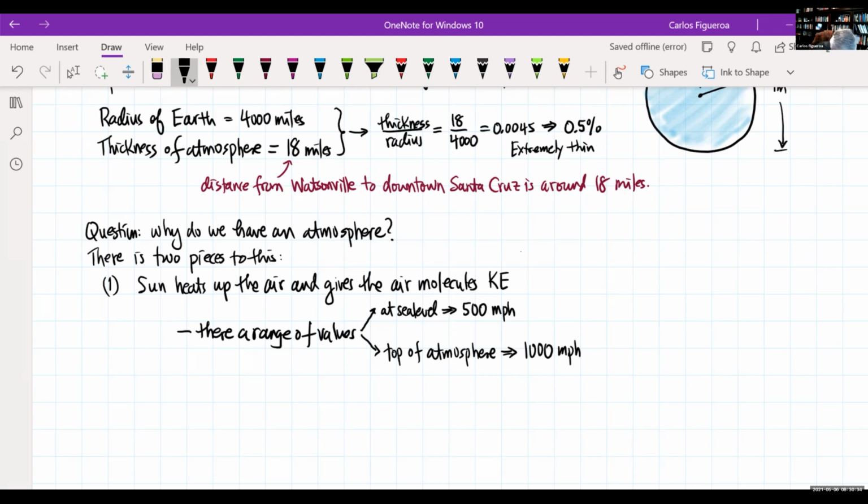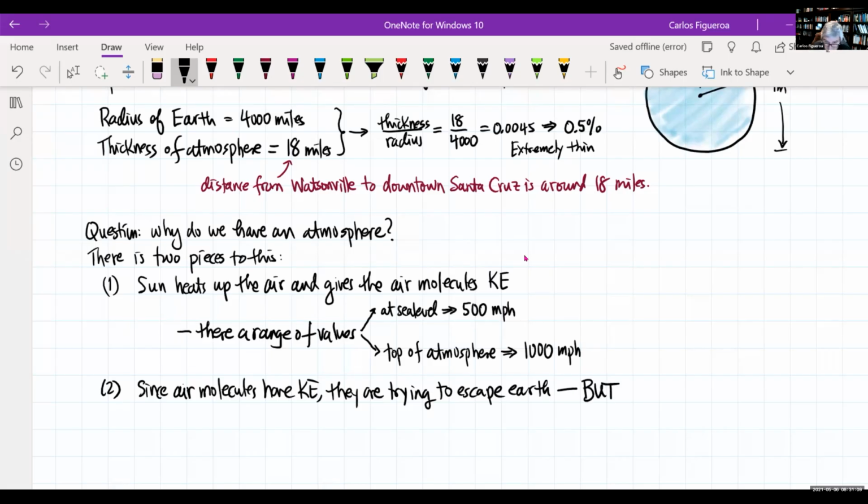And so now what you're finding here is that the air is actually trying to escape. Since air molecules have kinetic energy, they are trying to escape Earth.